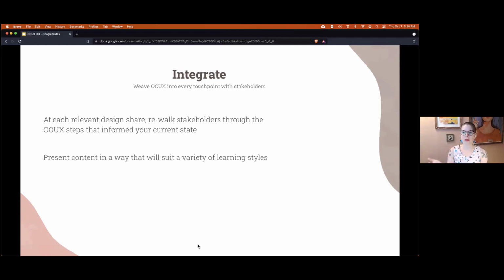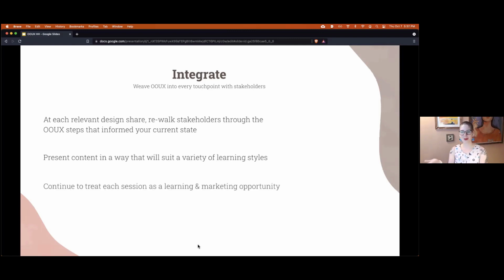But then also providing visual examples, auditory examples, or both of them, like what we're doing right now. And then also kinesthetic, if folks can get their hands on some of the work or actively contribute in that kind of way as well. That can further emphasize and help folks remember it.